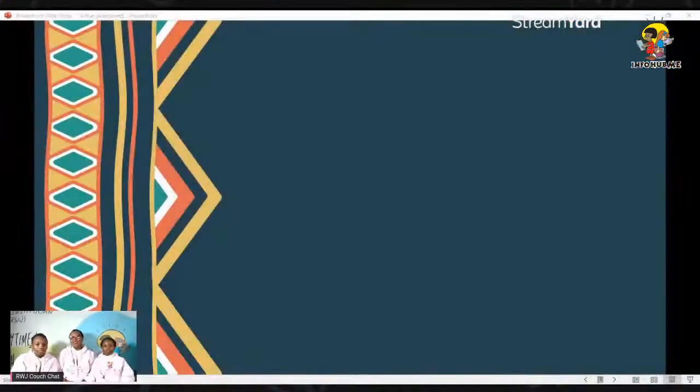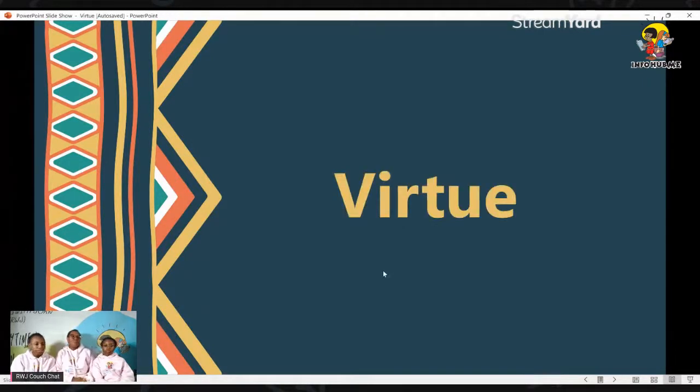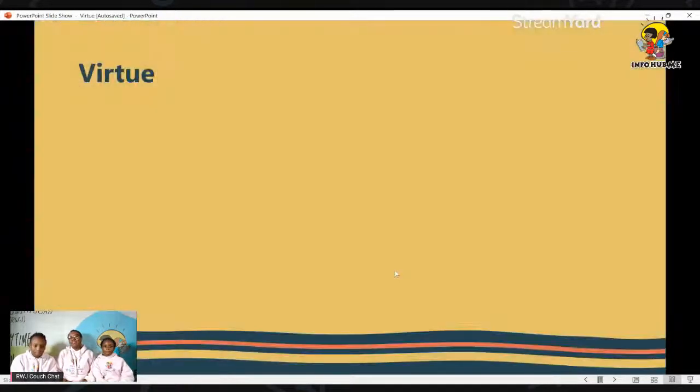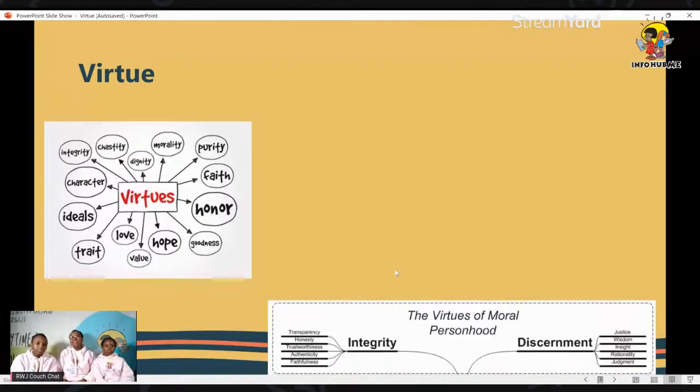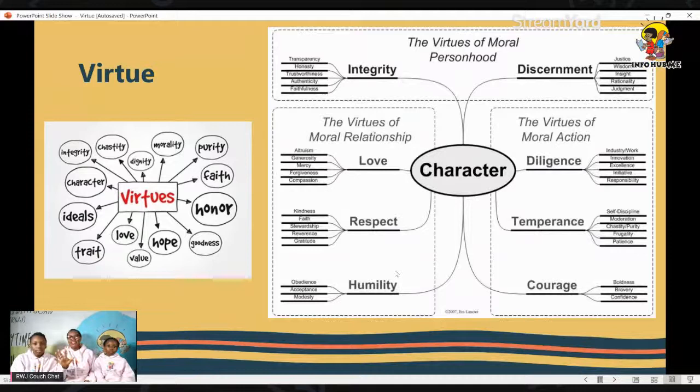We've been discussing our favorite topic for a while now, virtue. We've treated so many aspects of virtue, like purity and faith, and decided to go with this particular poster that shows virtue in terms of character.